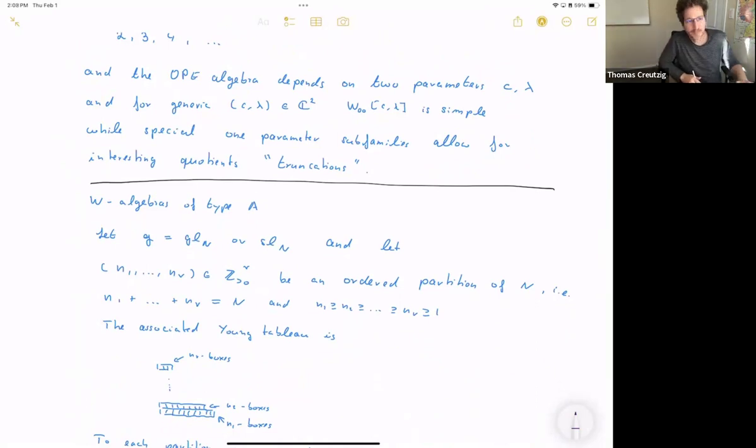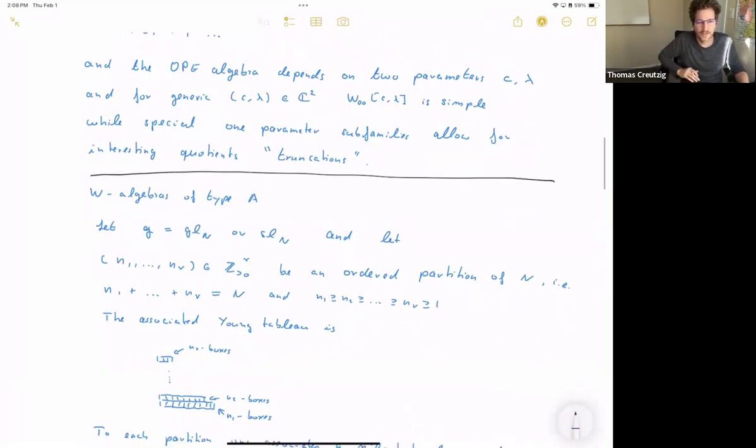So let me explain this a little bit more in general. I really don't care whether we now take G to be GLN or SLN. Sometimes GLN is just a bit nicer to handle. It doesn't make a difference really. So for type A, for GLN, the different types of W algebras are easy to state.